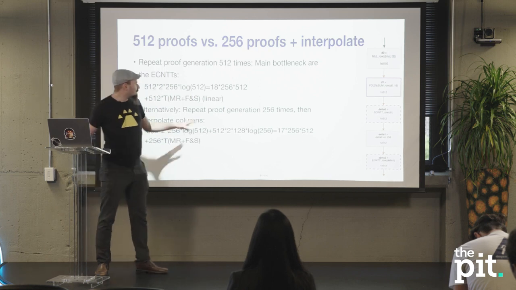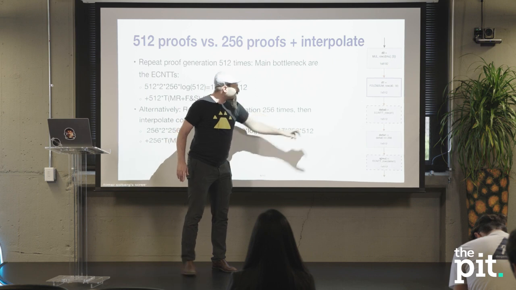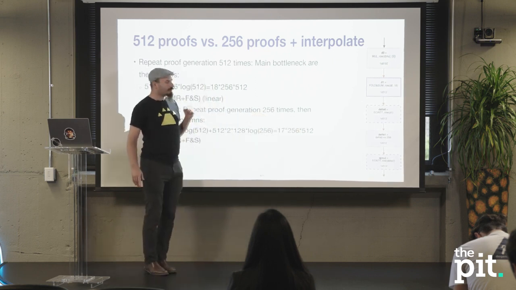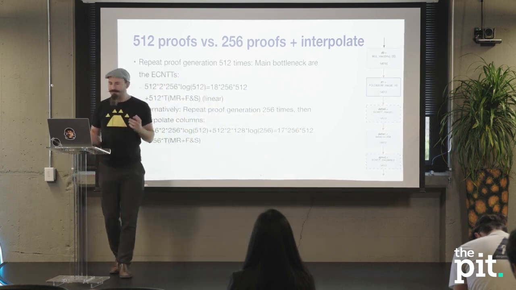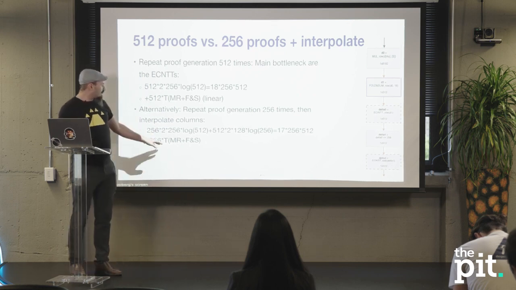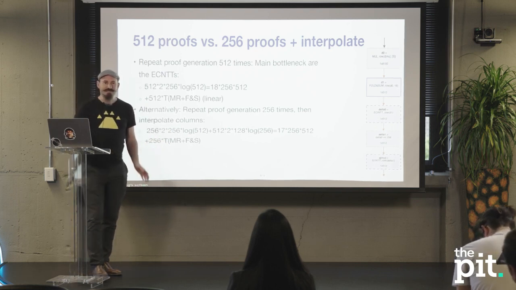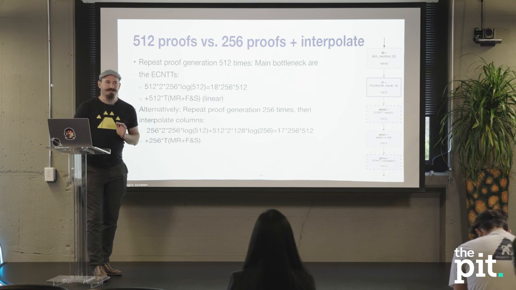And in total, when you do this computation, you get 17 times 256 times 512, which is shorter than this number by a little over 5%. And the time it takes for the first two operations is half, because now we only need to repeat them 256 times. Okay, I hope you're able to follow my computation.